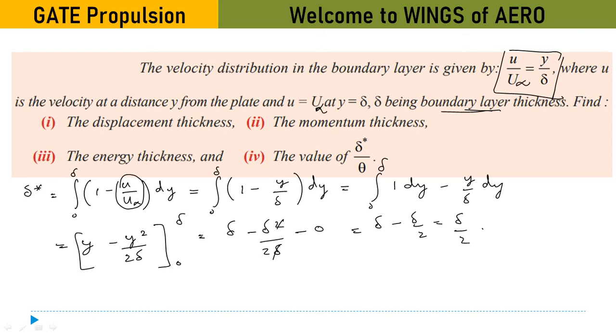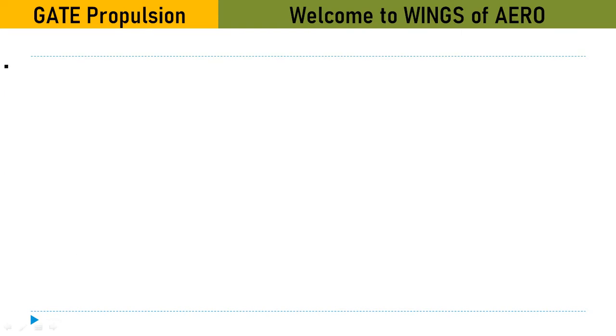So again the same thing, y by del into 1 minus y by del dy. Multiply that, integral 0 to del of y by del minus y square by del square dy.